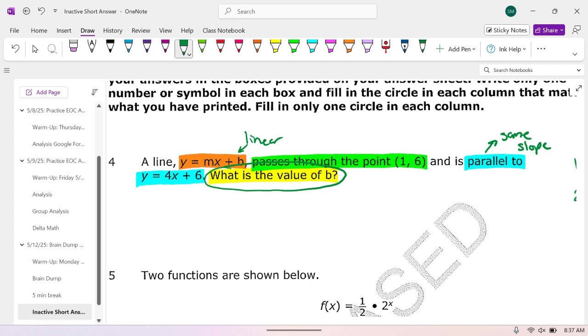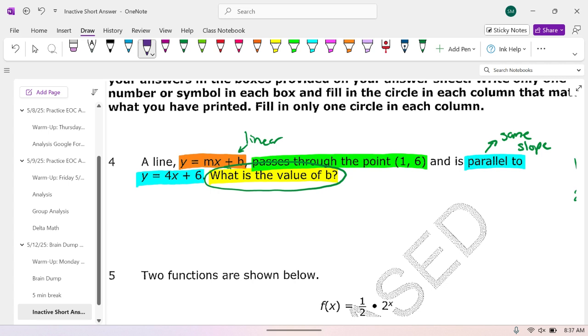All right, so if we're identifying the value of b, now, since we said it's parallel to this line in the blue, what's the only part of that line that I need? What does parallel mean? Same slope. It's parallel to y equals 4x plus 6.